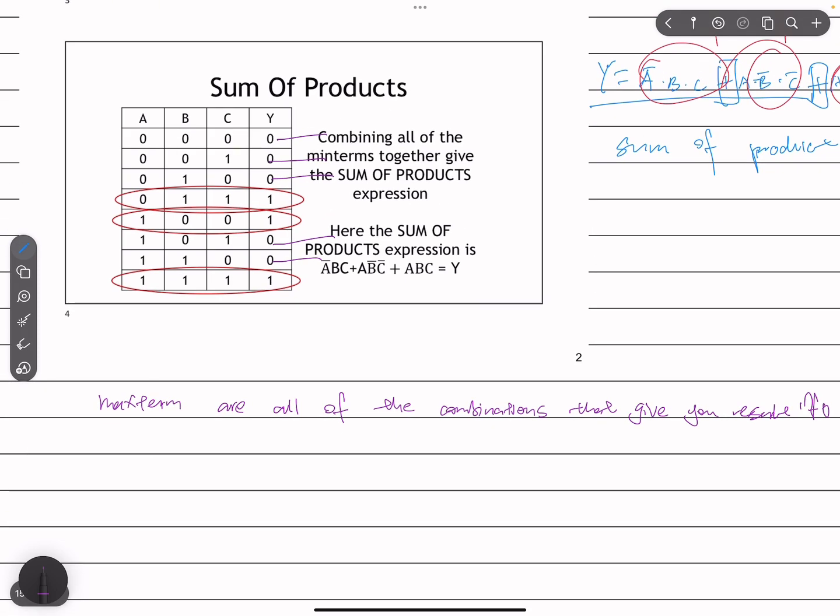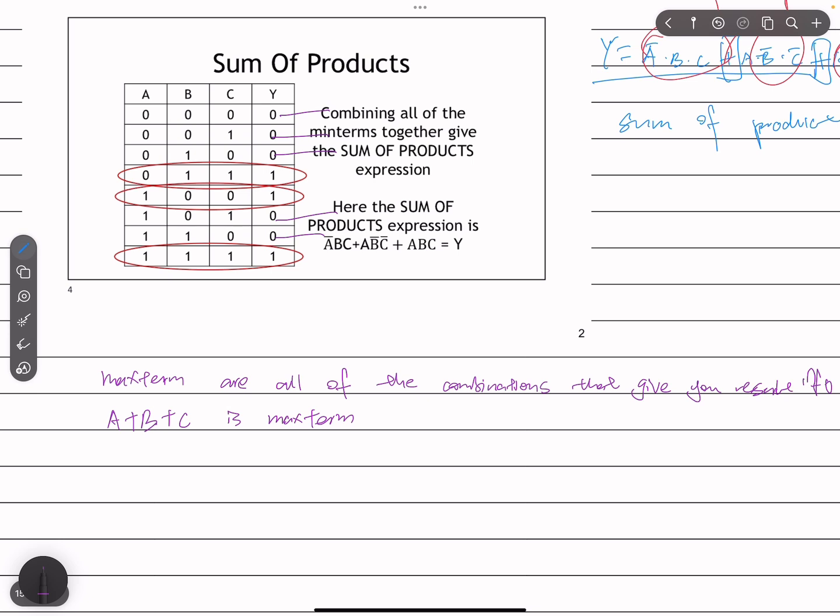For example, for the first one, it is A, B, C, so A plus B plus C. For the first one, it's the maxterm. For the product of sums, we find all the rows that give us 0 and find all the combinations.